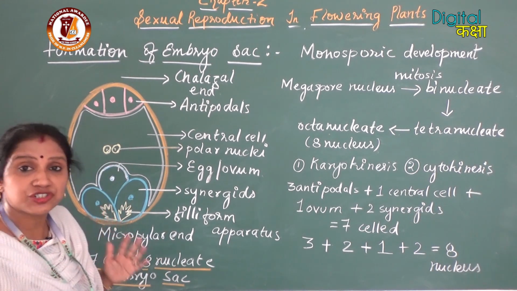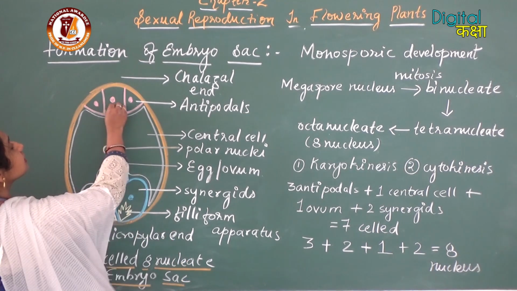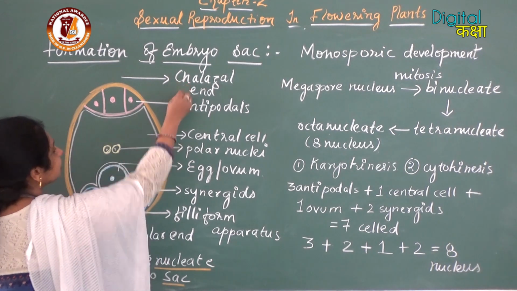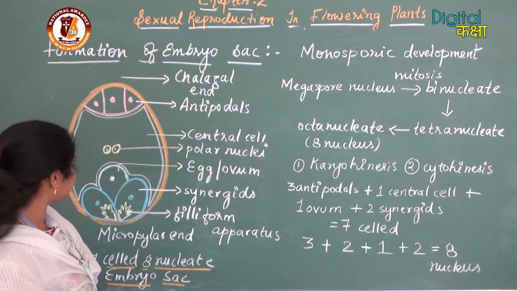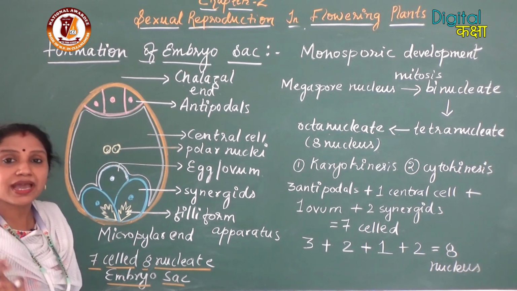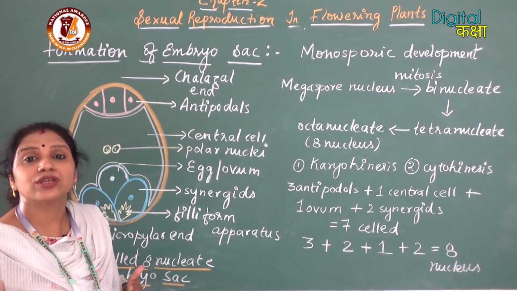So the 3 nuclei remain at the chalazal end, in the center 2 polar nuclei are present, and towards the micropylar end 1, 2 and 3 nuclei will be there.